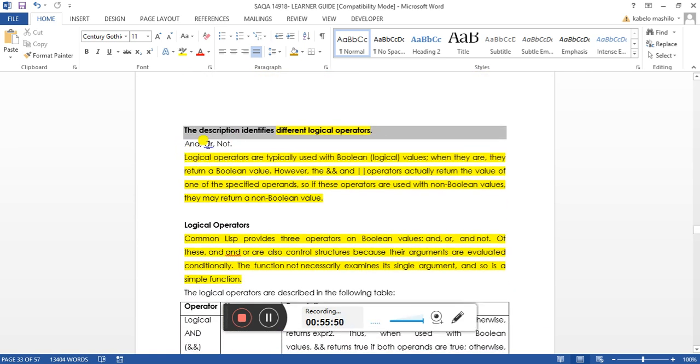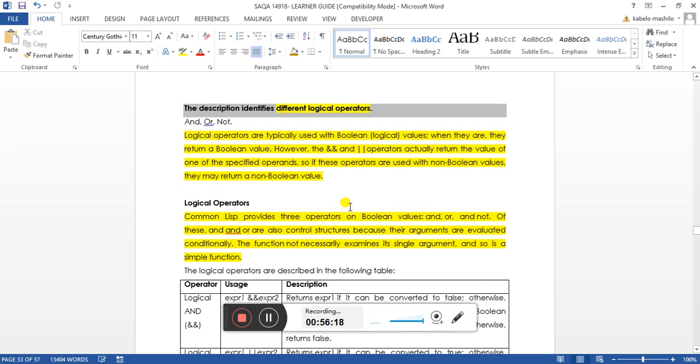We've got and, or, and not. Logical operators are typically used with Boolean logical values, and they return a Boolean value. However, the and and or operators actually return the value of one of the specified operands. So if these operators are used with non-Boolean values, they may return a non-Boolean value.